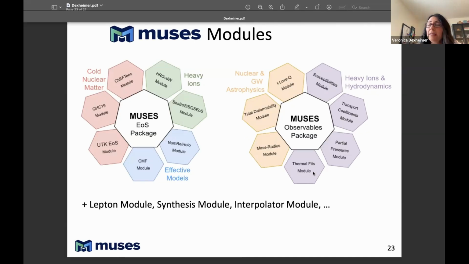Over the 2.5 years, so MUSES is halfway, it's 5 years now, we realized that we also have to add a lepton module because we didn't want people treating leptons separately in different modules. This is important for astrophysics. The synthesis module, very important, combines everything together. We also have an interpolator module, which interpolates either to combine things or to allow the user to get interpolated equations of state.